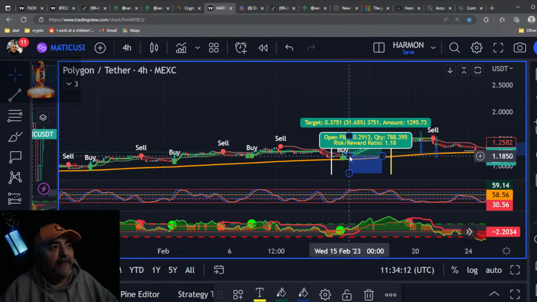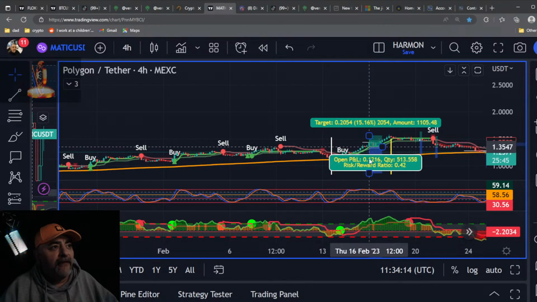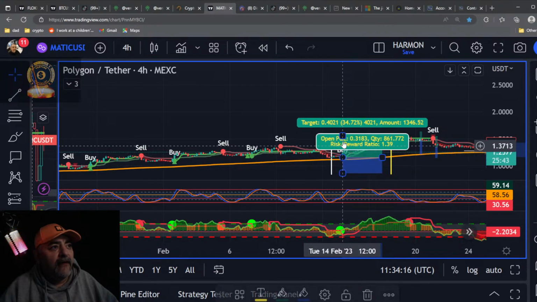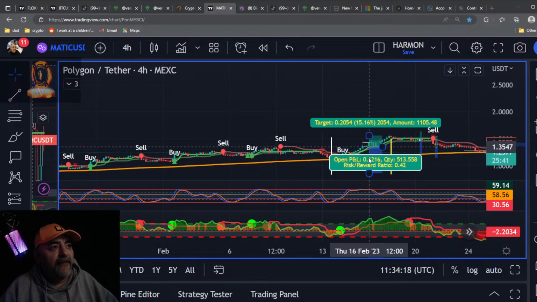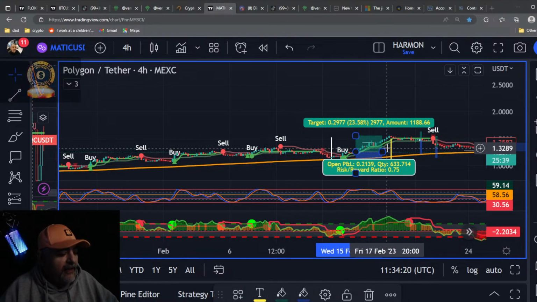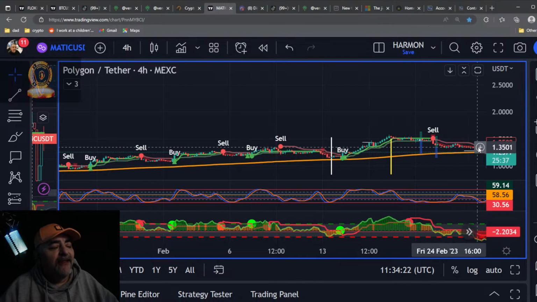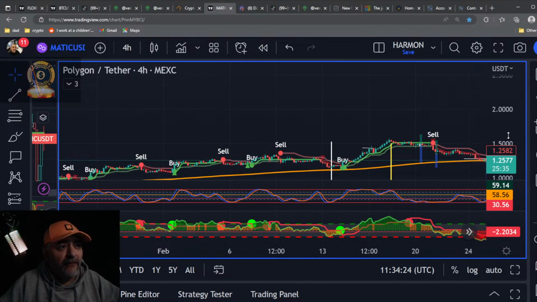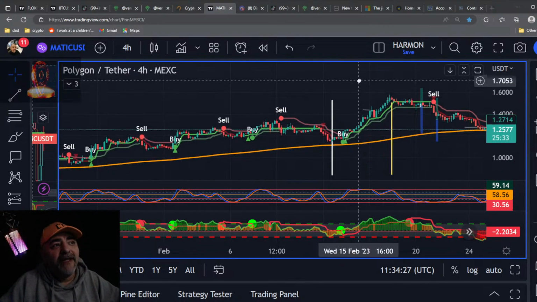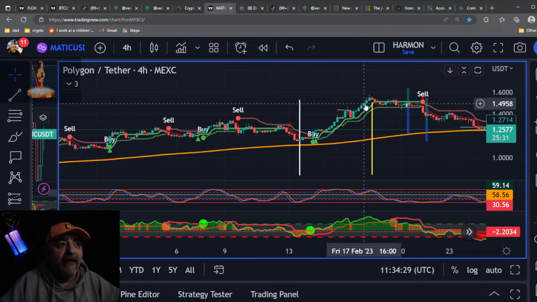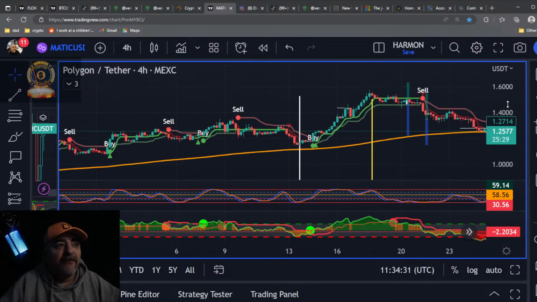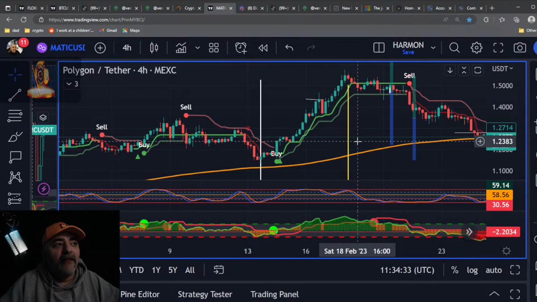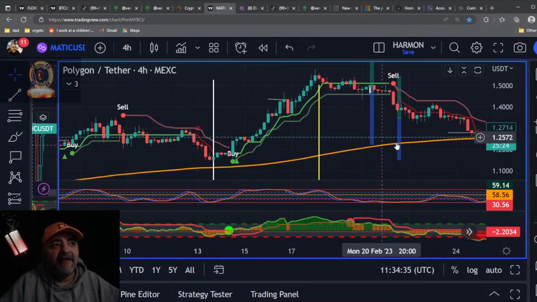So this run ends up being about 31%. So now in that time frame, let's take a look at what everything else is doing, so you guys can understand the power of trading with the RSI versus against the RSI. So you can understand why I love to trade when everything is facing the same direction.